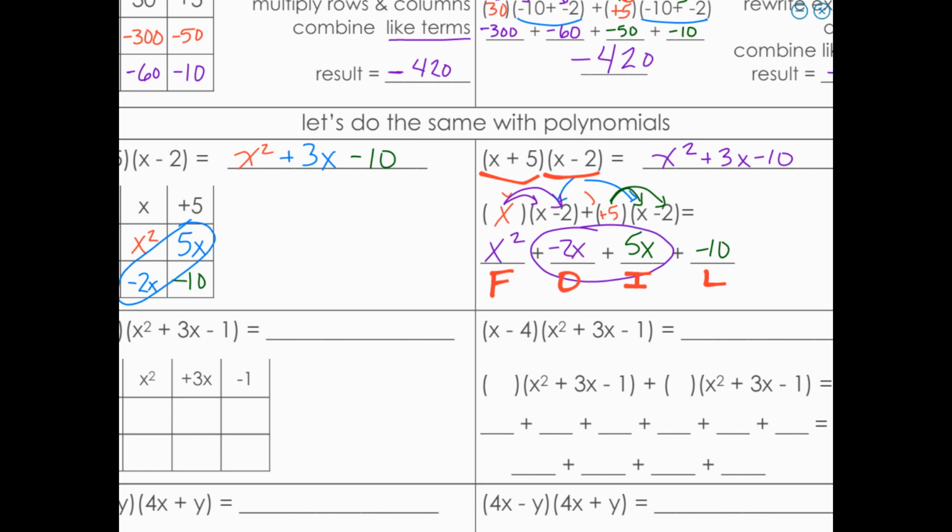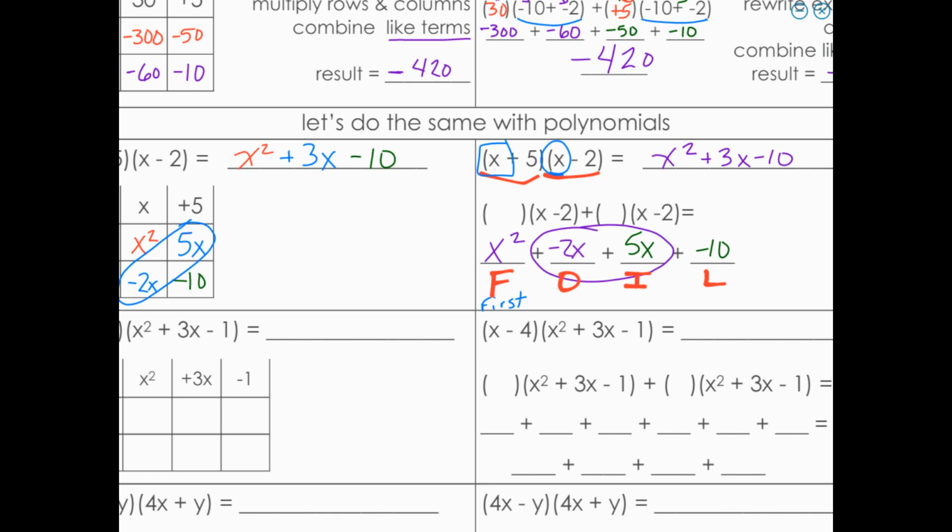And what the FOIL method tells you is, instead of rewriting it like we did down here, we would just take this first term, so F stands for first, and multiply it by the other first term in the other parentheses.